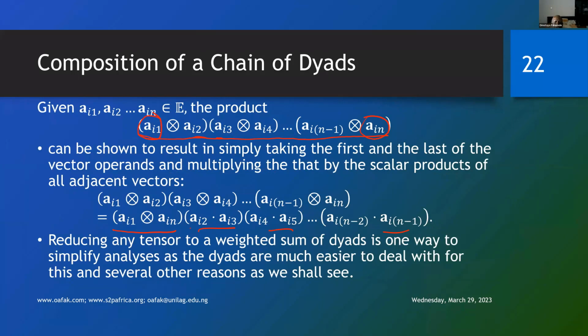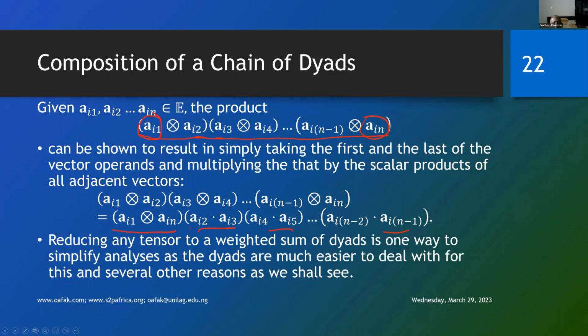Now, assuming we are okay, suppose we have a chain of dyads. So you have a_i1 ⊗ a_i2, where a_i1 and a_i2 are vectors, all the way to a_iN, all vectors.